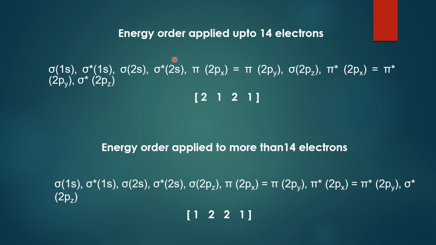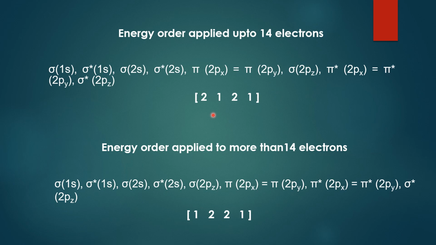These codes are not applicable for s molecular orbitals, only for p molecular orbitals. The first code applies to species containing up to 14 electrons. For example, you can take H2, He2, Li2, Be2, B2, C2 and N2 molecules.